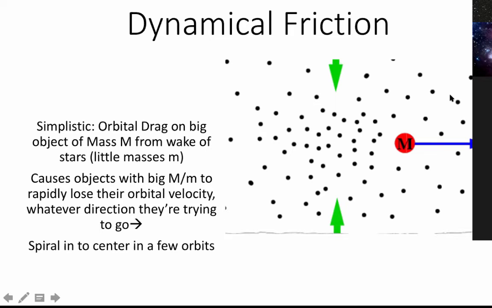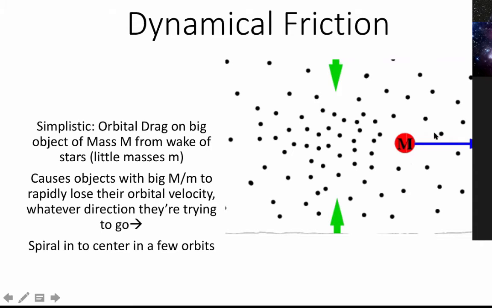The little objects have their orbits, as they pass by the big mass object, pulled towards the big object. So the ones up here are systematically pulled this way. The ones down here are systematically pulled that way. In other words, the large extra gravity of the large mass forms a wake behind it if it's moving at all.